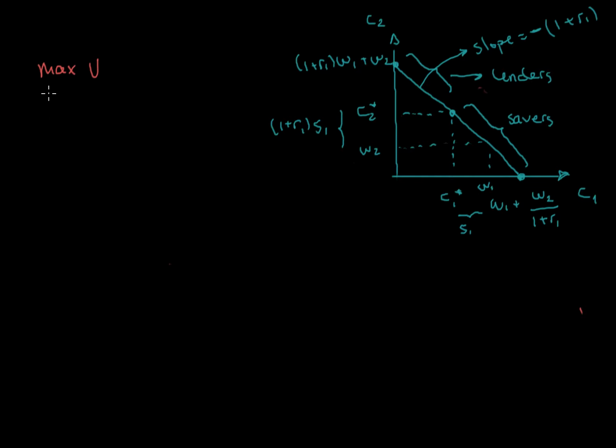Maximize utility, where we have here c_t and c_{t+1}, and utility is what? As we mentioned before, this is the utility, so we want to maximize it. Subject to what? Subject to the intertemporal budget constraint that we computed.